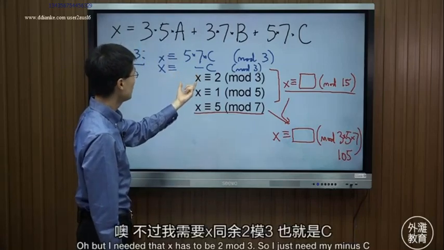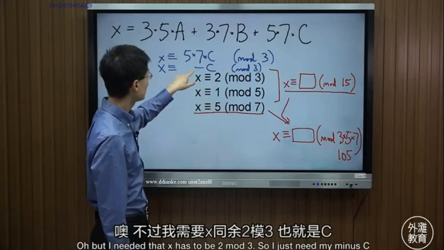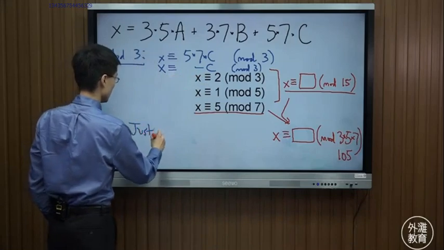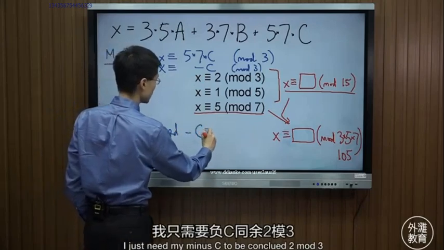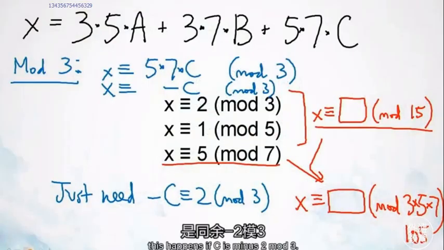Oh, but I needed to have x to be 2 mod 3. So I just need my minus c to be congruent to 2 mod 3. This happens if c is minus 2 mod 3.